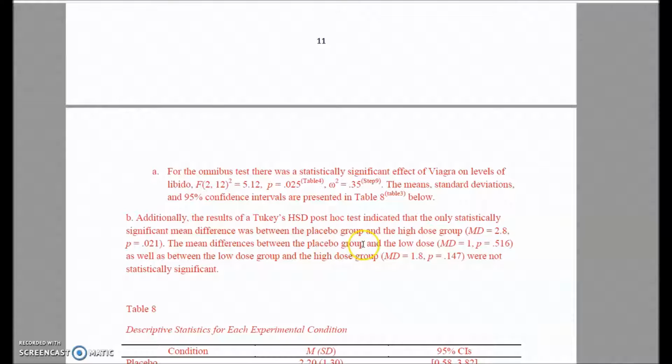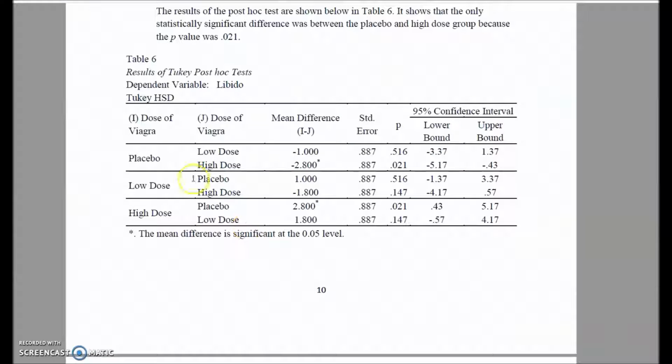The mean difference between the placebo group and the low dose was the mean difference here. Where are all these values coming from? This is the table that these values are coming from. Here is the mean difference. So between placebo and high dose, it is 2.8 with the P value here.